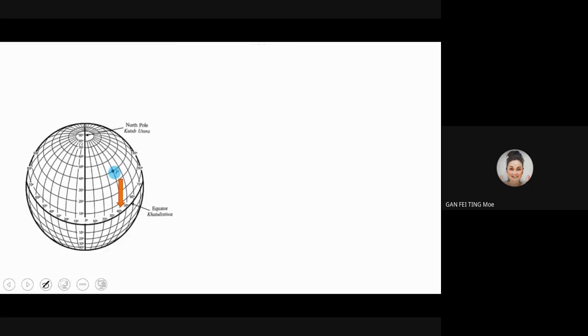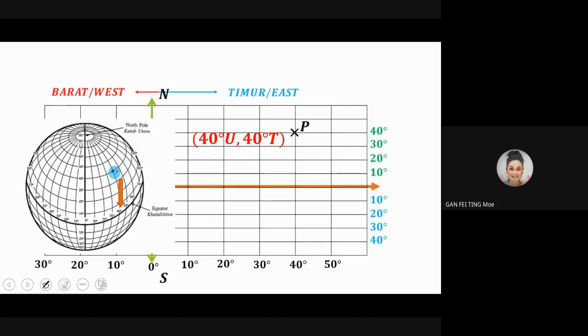Try to open up the globe as your map. As you study your geography, you open it into the flat map. Label it as 40 degree north and 40 degree west. Why is that?